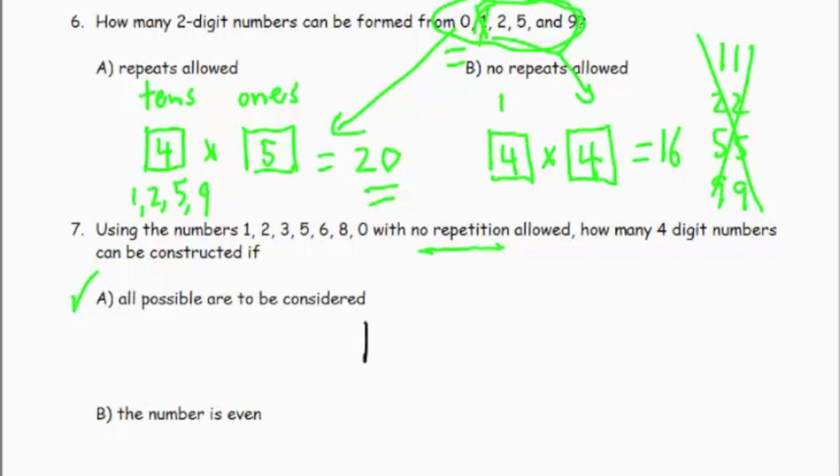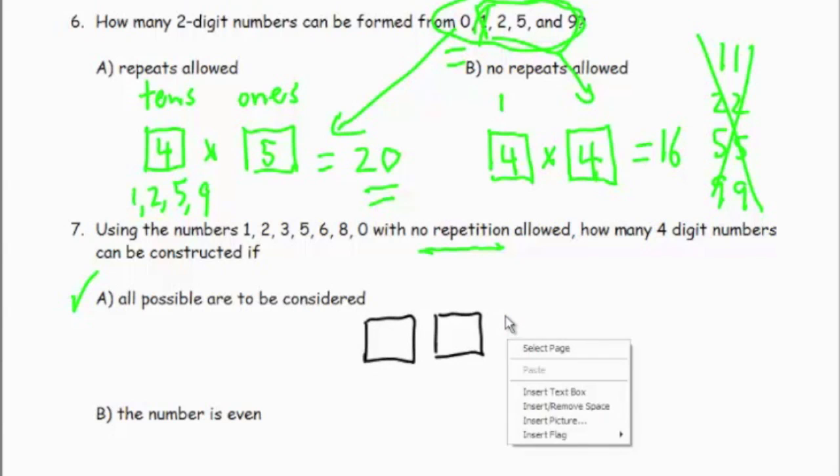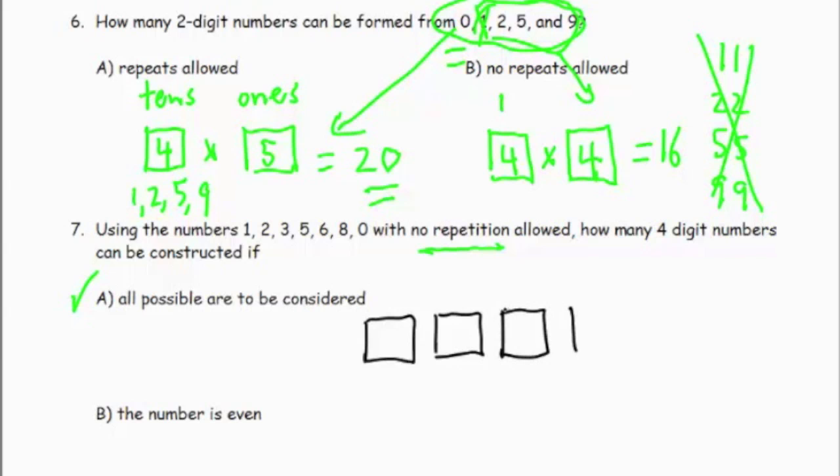All right. For all possible to be considered, we have 4-digit numbers. Again, 0 is not available to us in the lead position. So for this one, we can use anything but 0. That gives us 6 numbers here. We then eliminate one of those. Let's say maybe it's 1 this time, but we bring in 0.